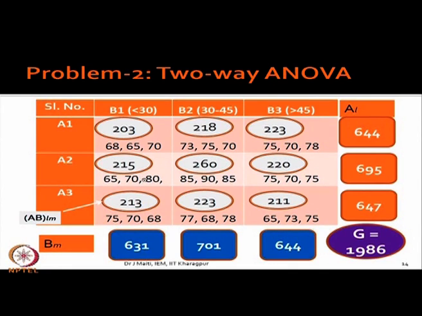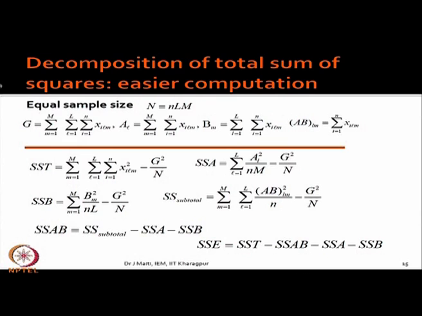So, we will not use the word contingency table, we will say this is our data set. Now, you are calculating 4 things initially: across rows the total, across columns the total, across cells the total, and then the grand total. These things will be used to compute SST, SSA, SSB, all those things. This is our computational formulas from the equal sample size point of view.